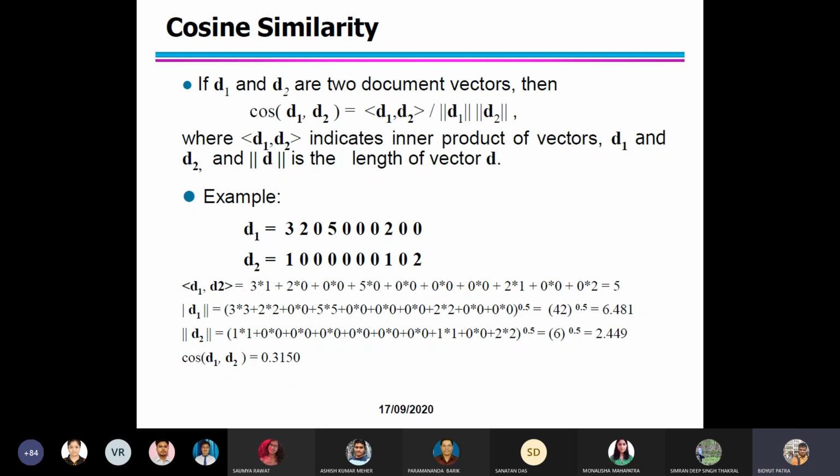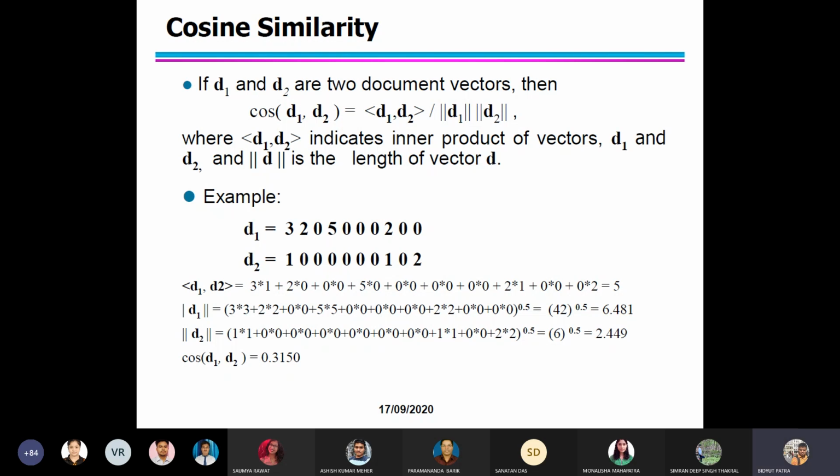It does not see the length. It sees the angle between the two vectors, because these vectors are normalized. If you normalize, you get unit length, and then it is basically the angle between two vectors.